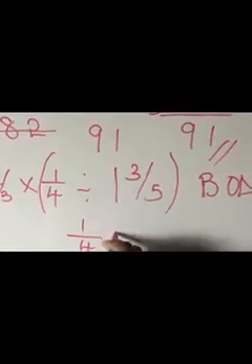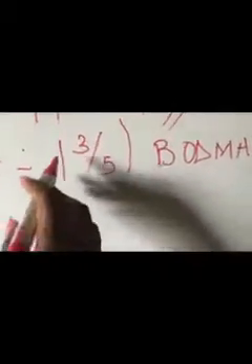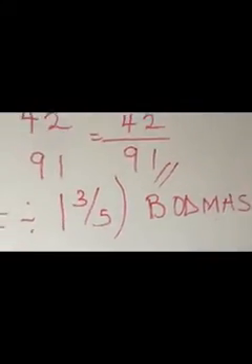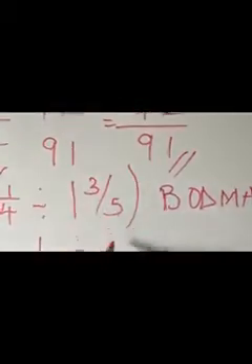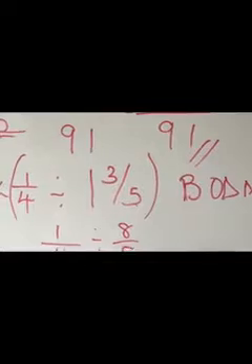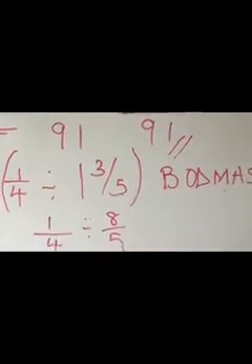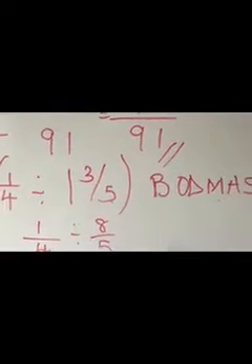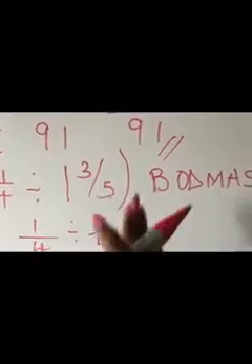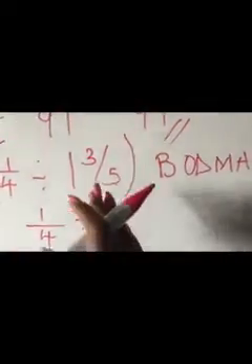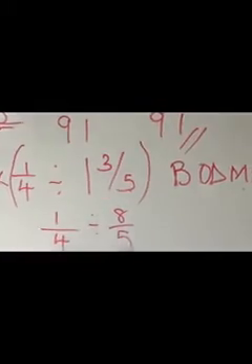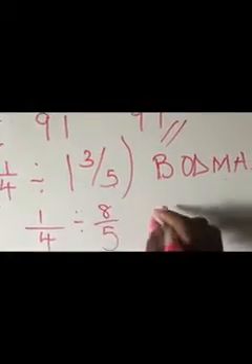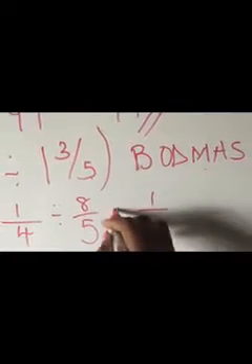Right here, 1 over 4 divided by, so let's change this to improper fraction. 5 times 1, 5 plus 3, 8. That's 8 over 5. It makes it easier to work with. So whenever you say division, 2 things are involved. The first fraction stays the same, 1 over 4.